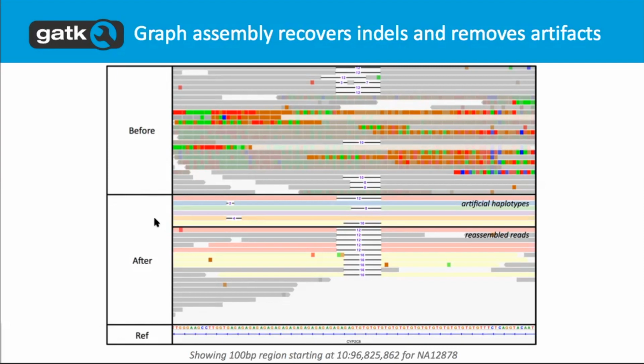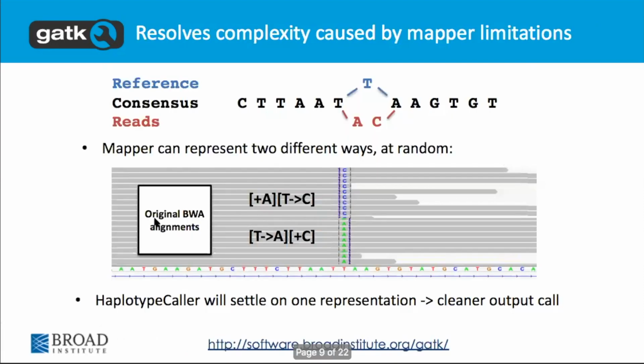That is the most important part of how HaplotypeCaller operates, really. One of the nice benefits of doing this is that sometimes you have some slight complexity in the sequence. For example, if in your reads you have two bases, you can interpret that as both an insertion and a mismatch.